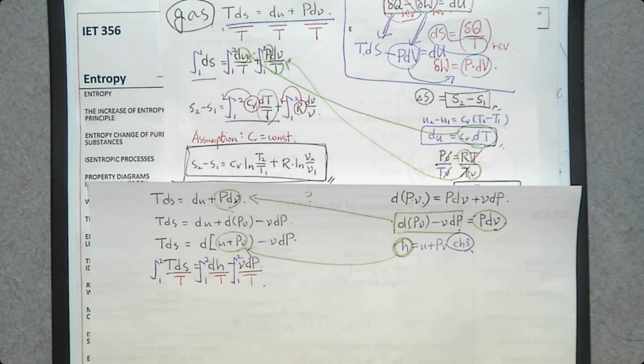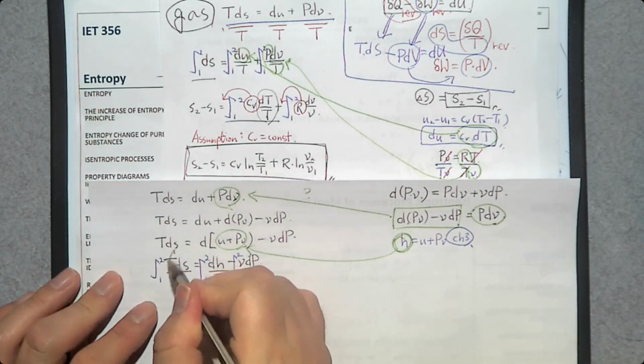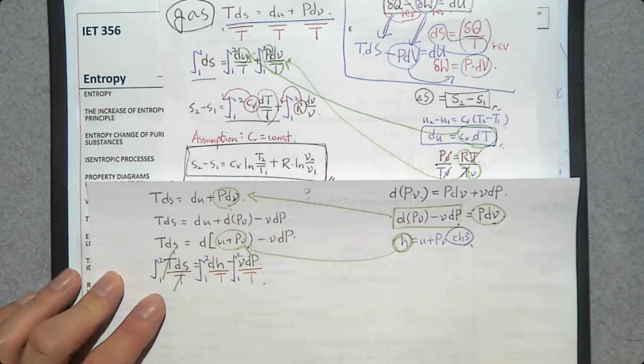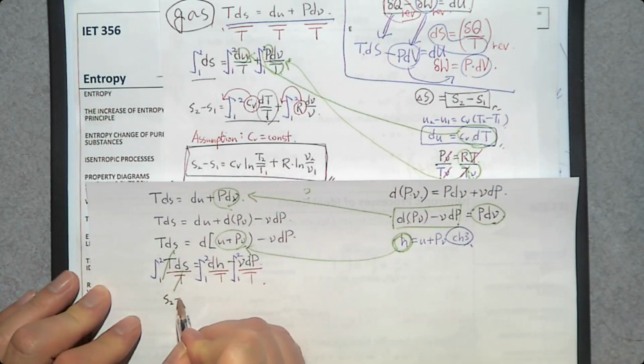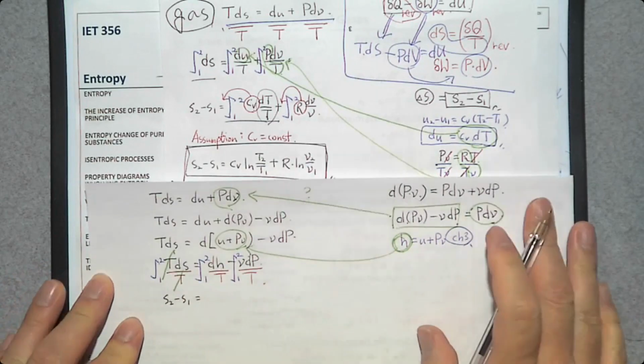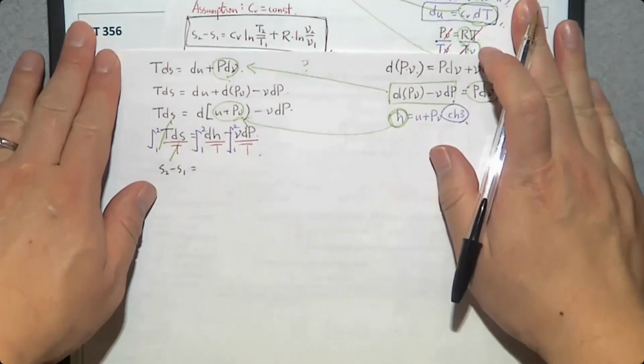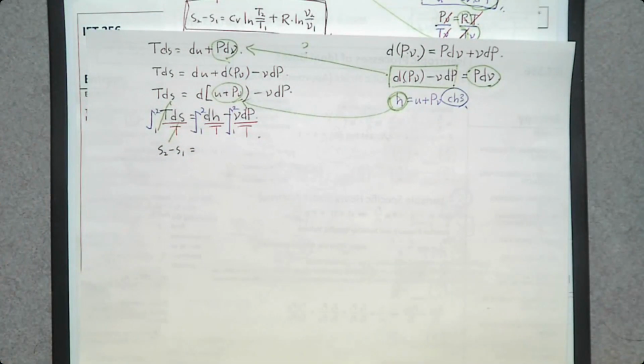Then the first one, we can cross T out. The left-hand side becomes S2 minus S1. Now we have dH over T. Can you integrate it? No, you can't, because we do not know the relation between H and T.